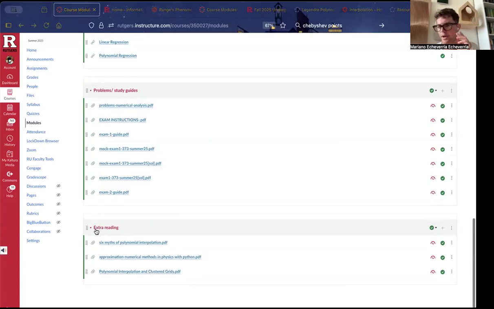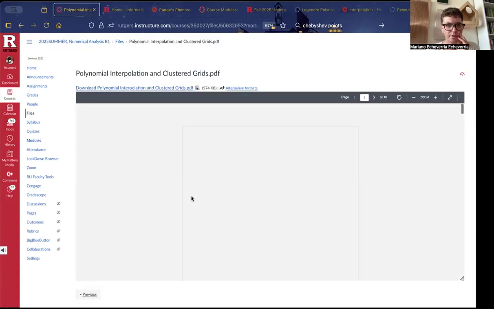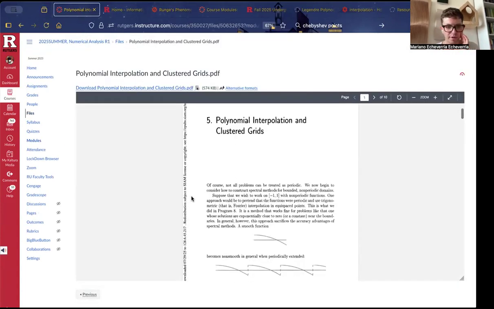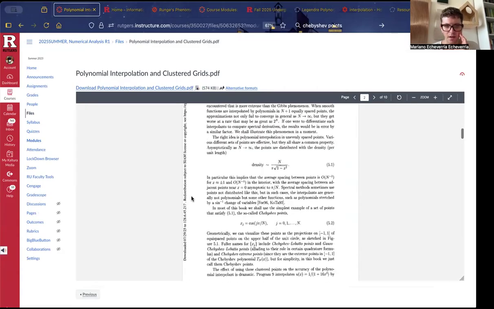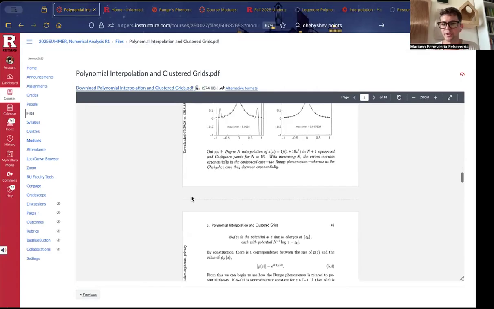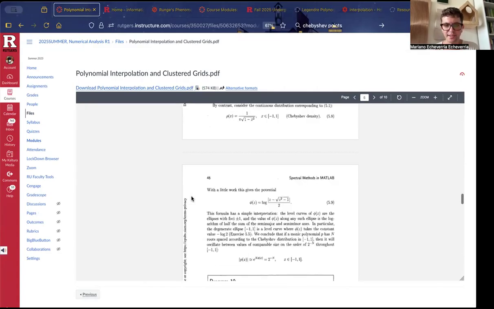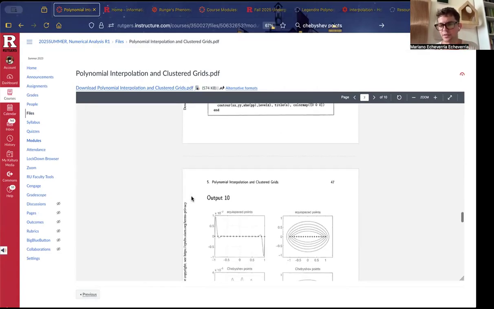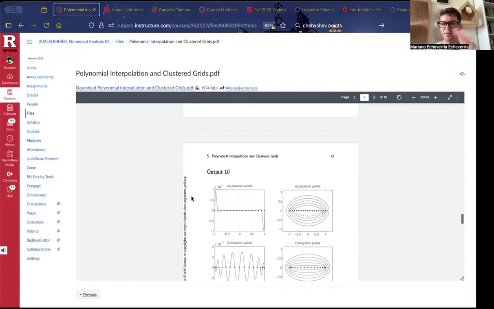If you go to modules, where I have these extra readings, I posted a chapter that explains what's going on here. You don't have to read it, only if you're curious. It goes into what happens if you make different choices for the points, et cetera.